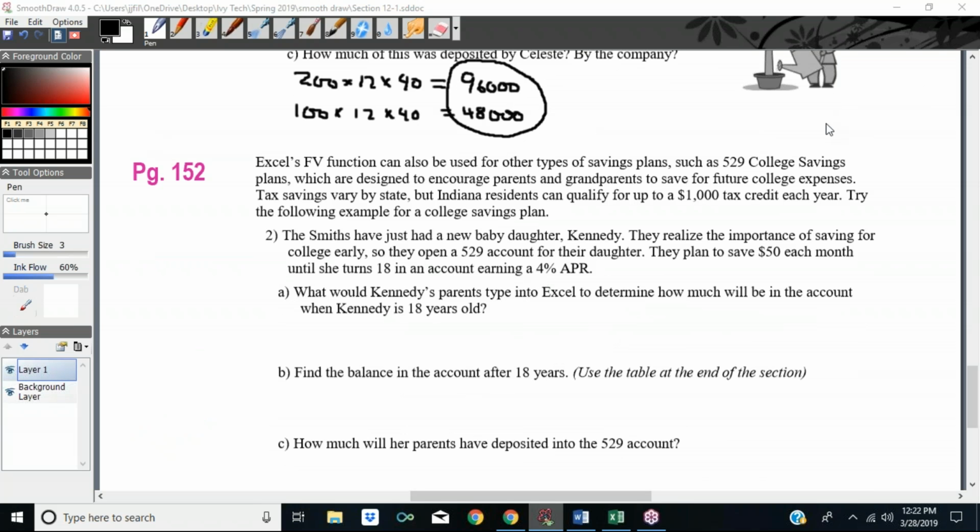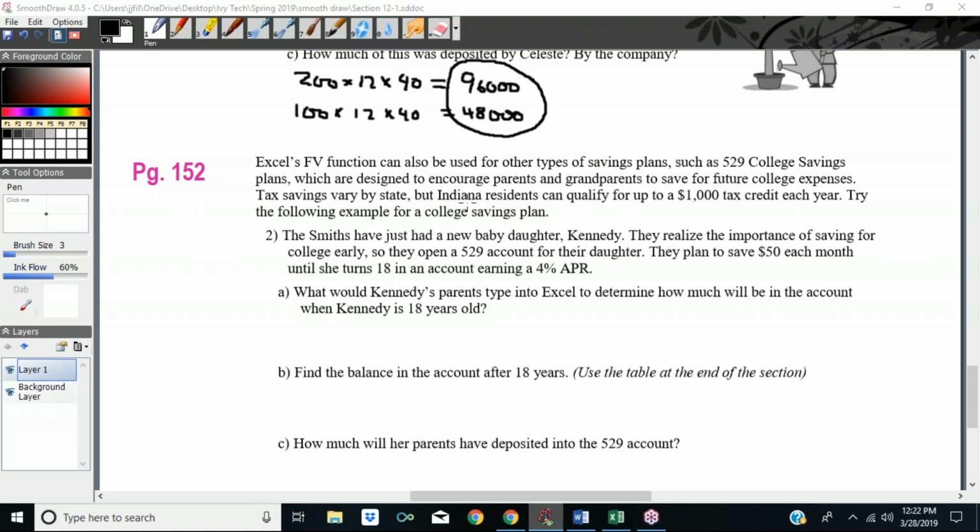All right, so let's flip over to page 152 and look at this savings plan. The 401k is a savings plan in this case in our book, and so is the college 529 account in Indiana. It says here we can use that FV function to calculate the output on this also.